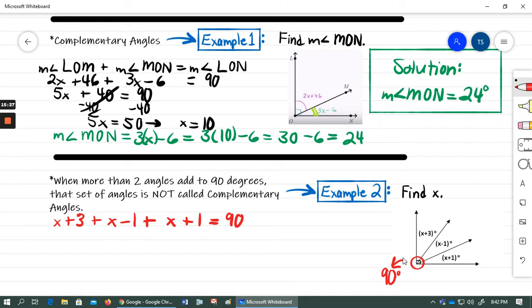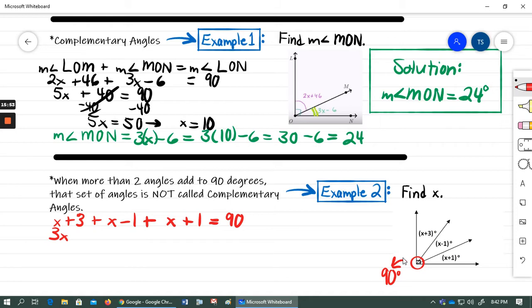But anyway, all right, so let's combine our like terms. We've got these x's over here that are on the left side of the equation. So out of all these x's, how many x's do we have in total? That's 1, that's another 1, that's another 1, that's 3 x's, right? Awesome. Combine our like terms. We've got these constant terms on the left side, the 3, the negative 1, and the positive 1.